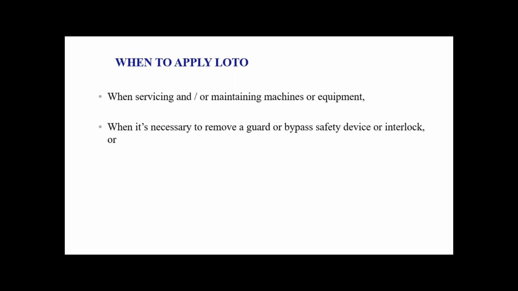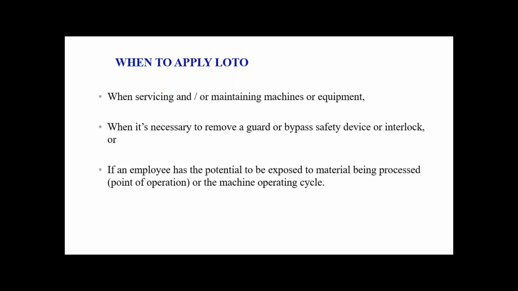Then, when it's necessary to remove a guard or bypass safety devices or interlocks, or if an employee has the potential to be exposed to the material process, that is called the point of operation or the machine operating cycle, then we have to apply the LOTO.